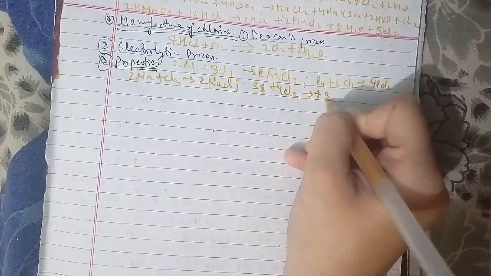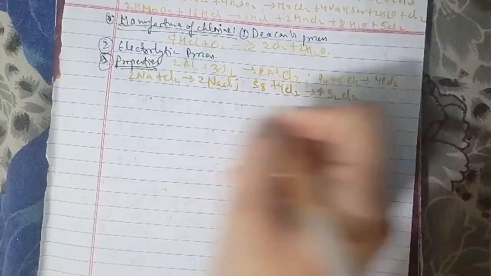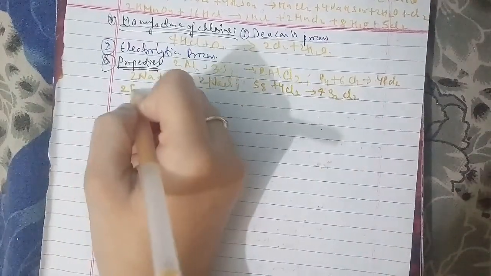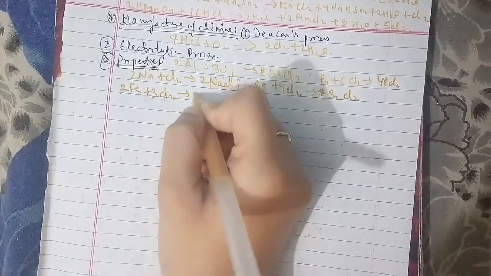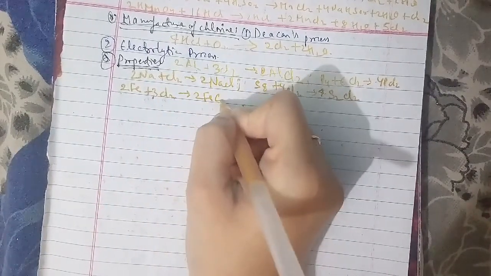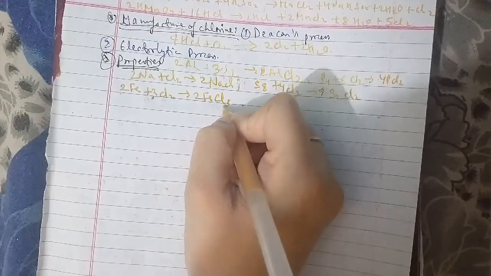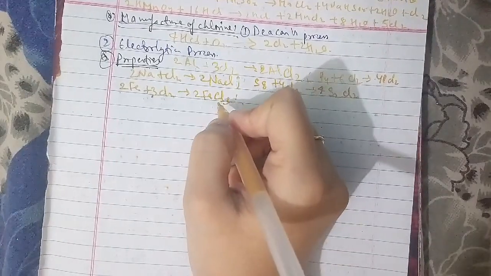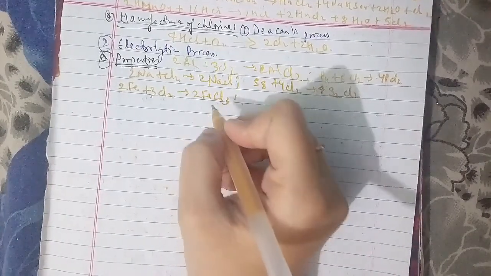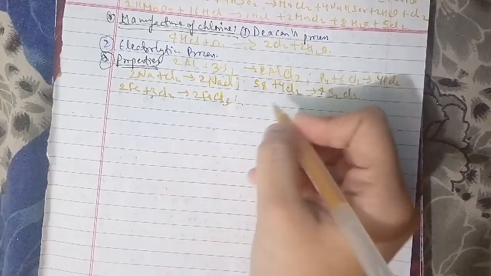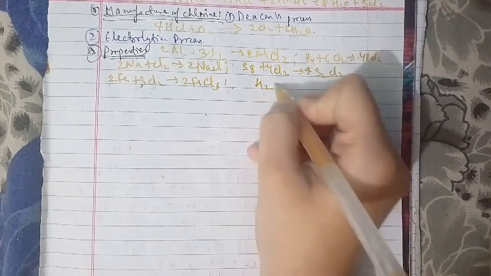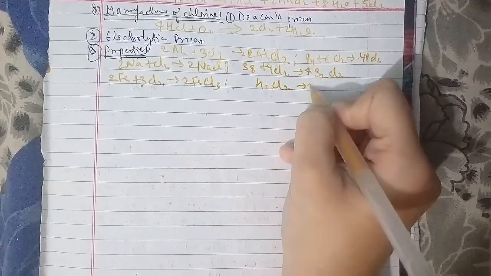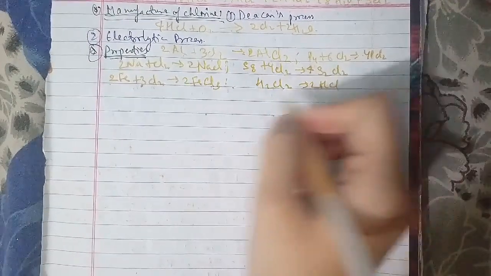On the same case, with cold and dilute alkalis, chlorine produces a mixture of chloride and hypochlorite, but with hot and concentrated alkalis, it gives chloride and chlorate as well. For the same, we have an equation here: 2NaOH plus Cl2 will give NaCl plus NaOCl plus H2O.